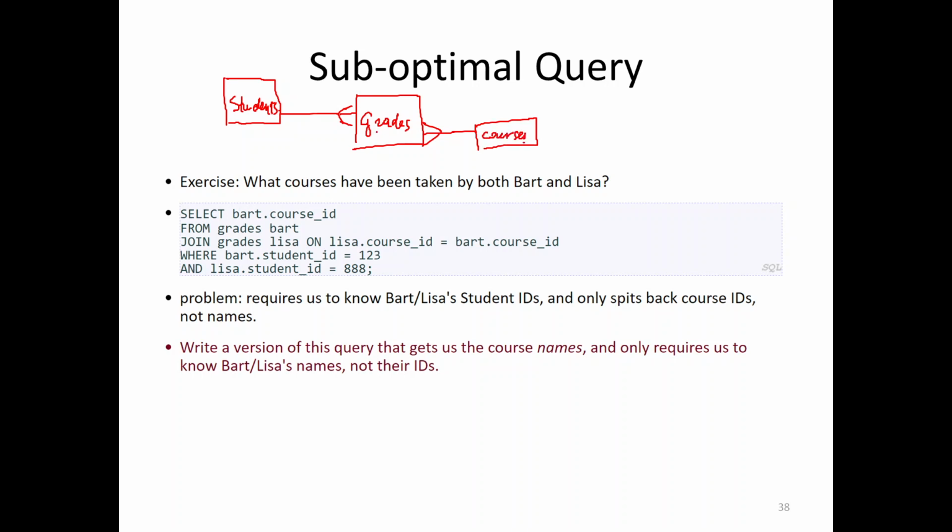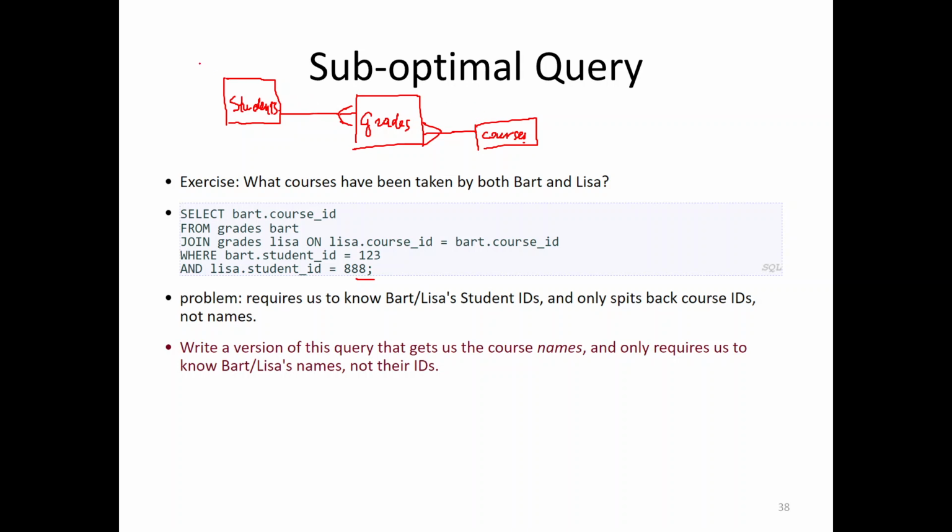So through the grades table, I can learn the courses that were taken by one particular student, only one particular student. So just ignore this particular SQL statement for a minute. Look into this. I've got students, grades, and courses.